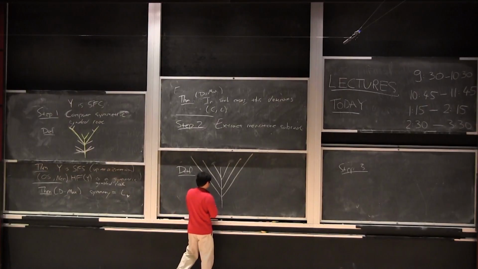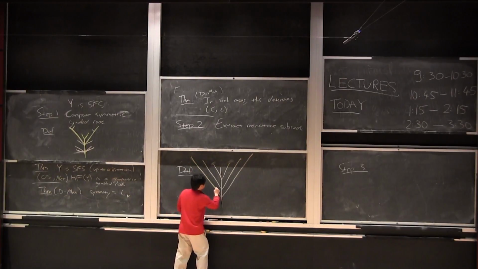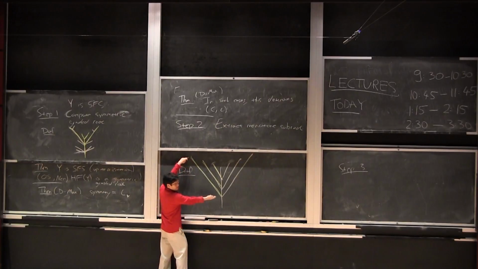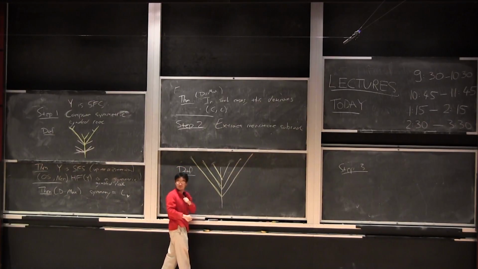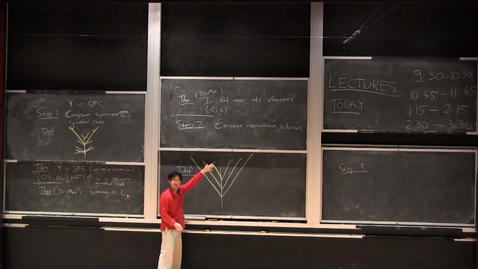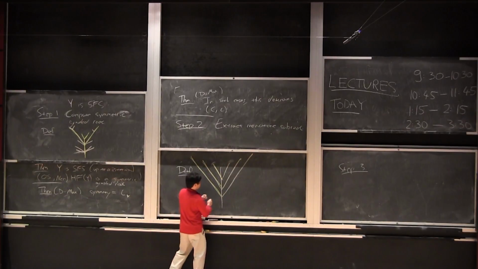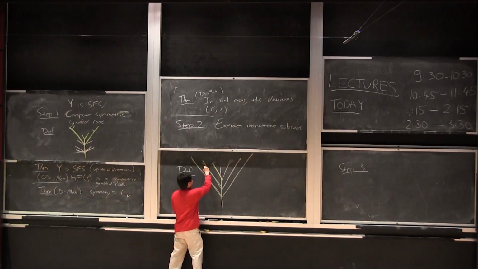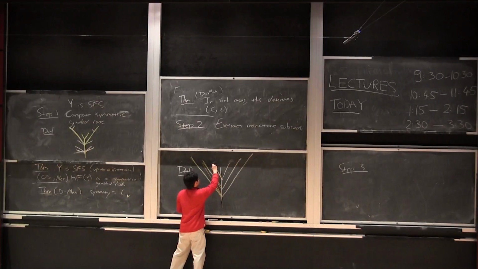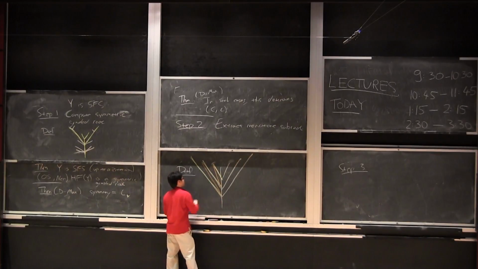I look at all of these branches, and I write down the lengths of the branches, like how many edges are in each of these branches. I've colored them green in this picture. And then I draw a bunch of lines on this which connect successive branch points with successive leaves. So I draw a bunch of orange lines, something like this.